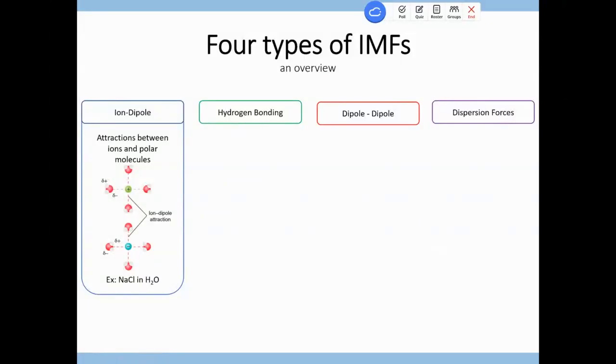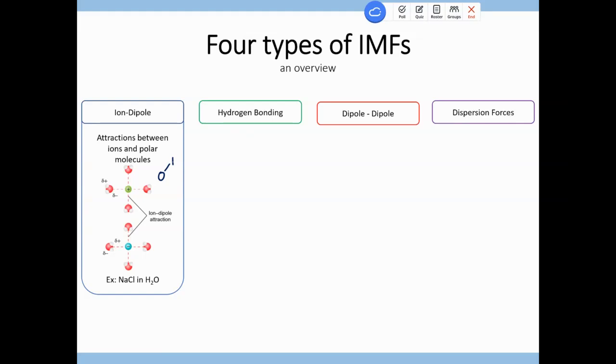Okay, we have 4 types of intermolecular forces. This provides an overview, and then I'll go into more detail about the 3 on the right. Ion dipole is an attraction between an ion, so a formally charged ion, and a molecule that is polar. So this example here shows a cation, positive charge up here, anion down here, in water. The red and white represents water.